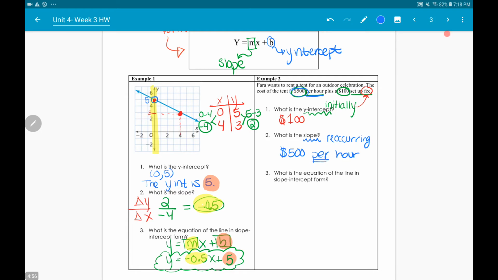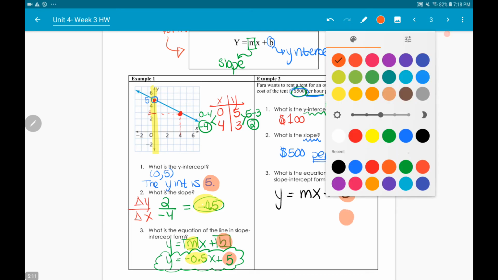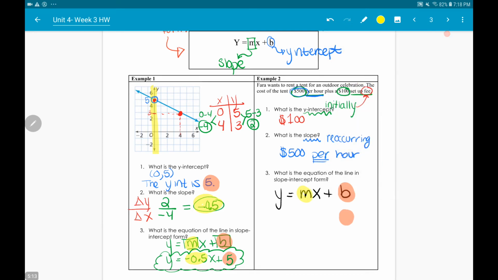So when I write my equation, y equals mx plus b, I'm just going to replace my b, and then I'm going to replace my m, and everything else I'm going to write exactly the same.